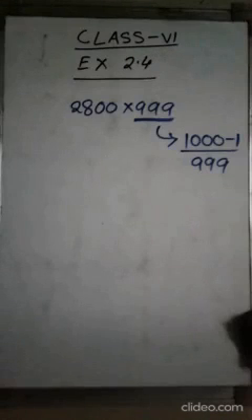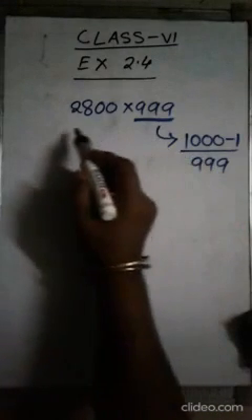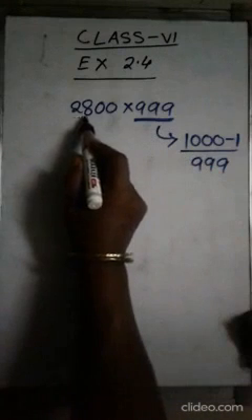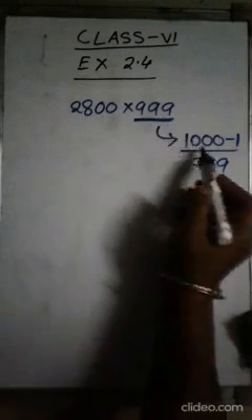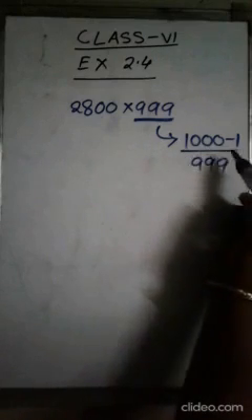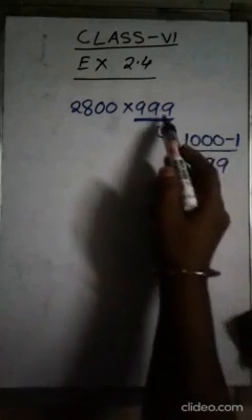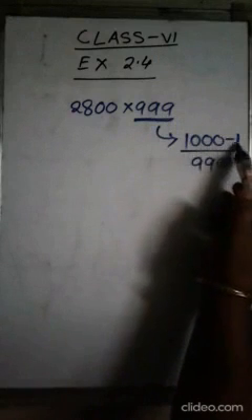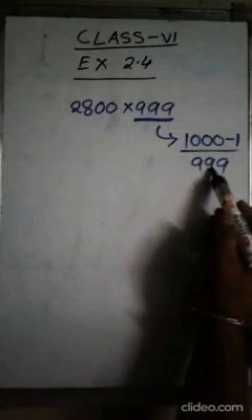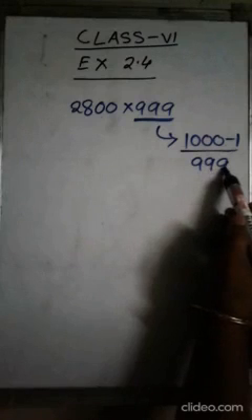Someone may not understand why I wrote 999 equal to 1000 minus 1. Because if we subtract 1 from 1000, we get 999.